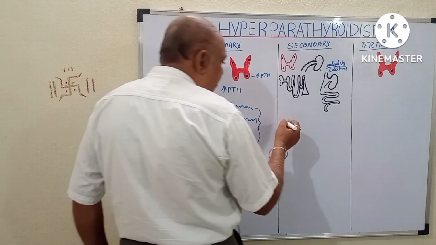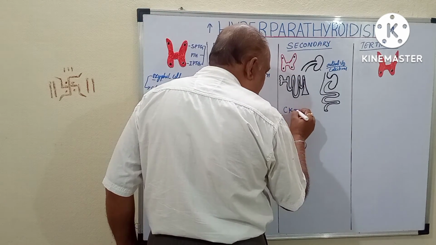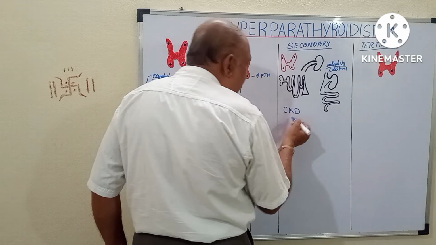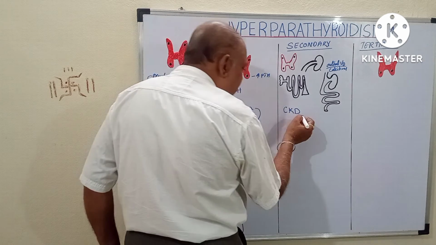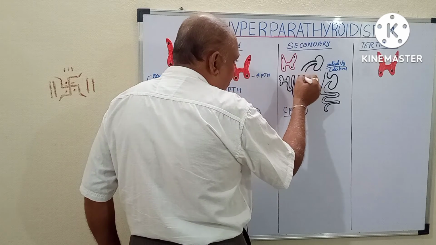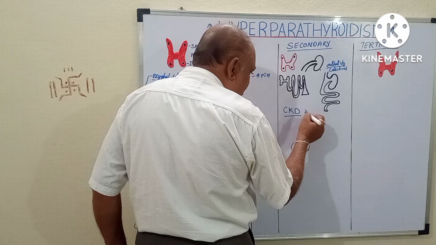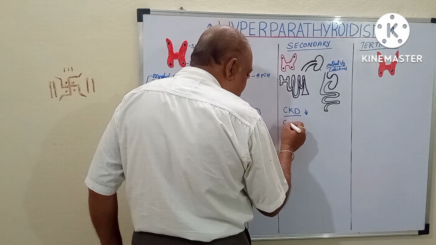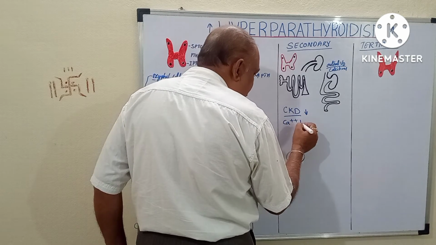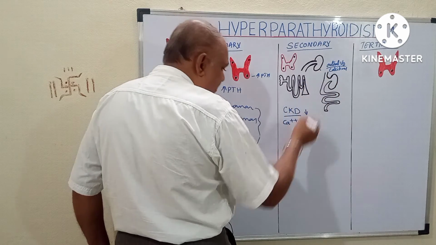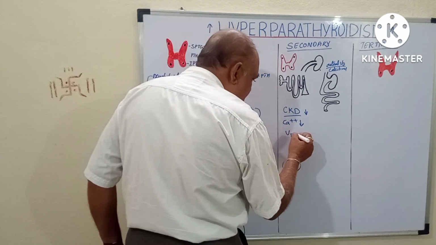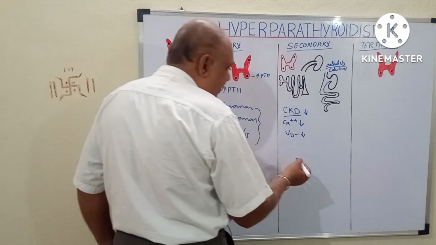Now, when there is a severe or chronic kidney disease, the activity of the nephron or renal function will reduce. Then the calcium absorption will reduce, and the vitamin D level will also reduce.